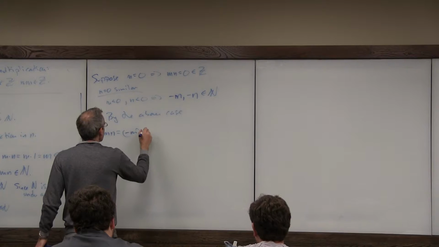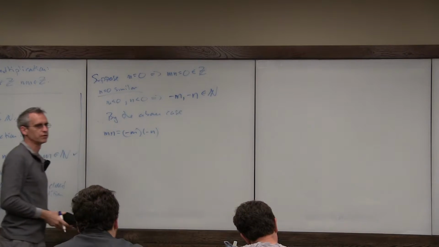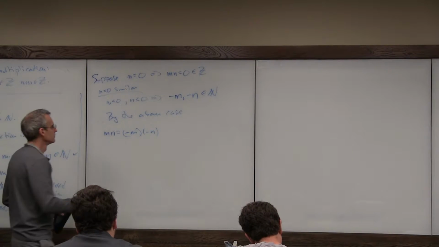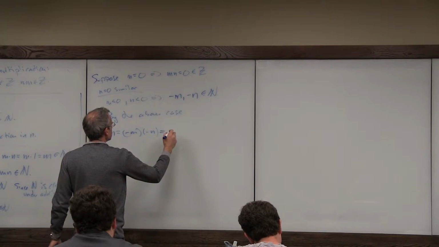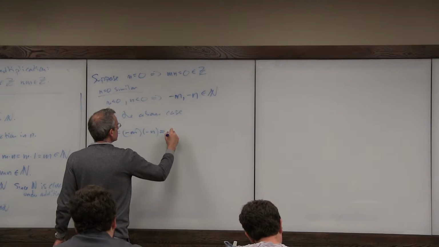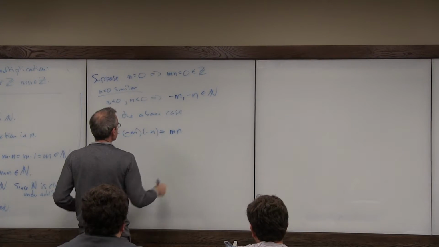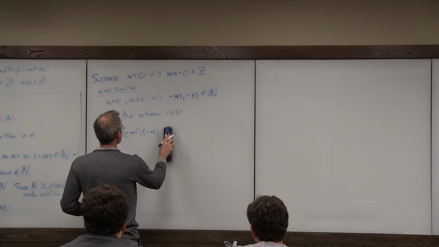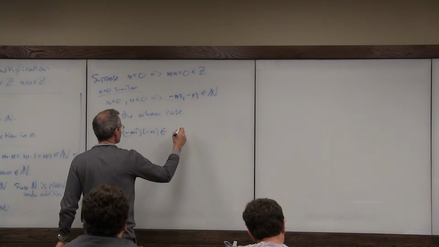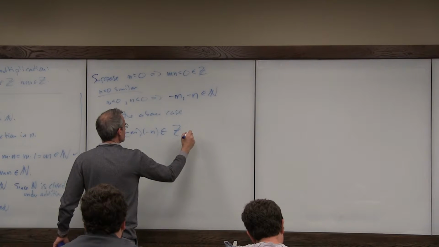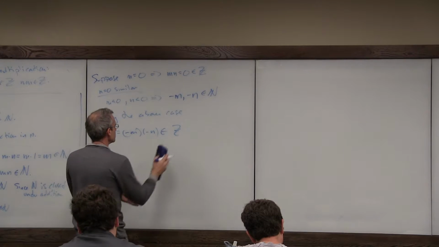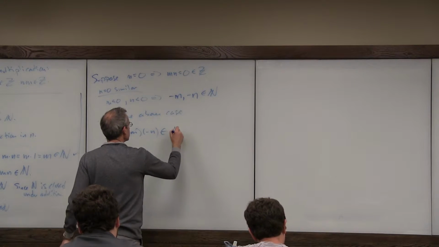Minus m times minus n, that's just field axioms, right? Sorry, what am I saying here, right? An element of Z. I'm going in circles, right? Actually, it's an element of N, we'll put it that way.